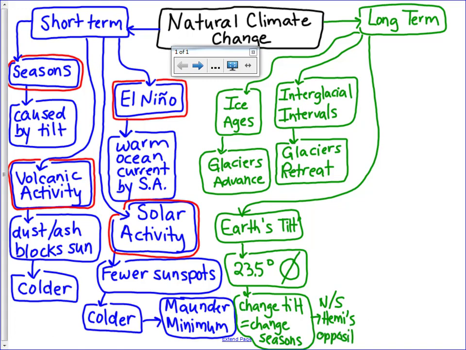So when we're having summer, the southern hemisphere is having winter and vice versa. Those things are not changing with the tilt, but again, it's just a little reminder that we are opposite of the southern hemisphere.